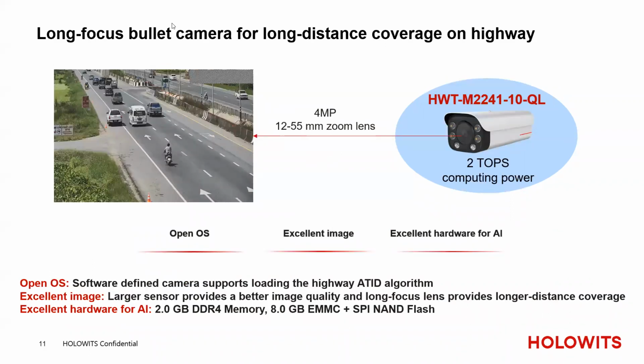This is the long focus bullet camera for long distance coverage on the highway, which is the M2241. It has open eyes, which supports ATID algorithms. It also has excellent images in the daytime or at nighttime. It also has excellent hardware for the AI. You can see this is 2 GB DDR4 memory, 8 GB eMMC plus some SPI NAND flash.